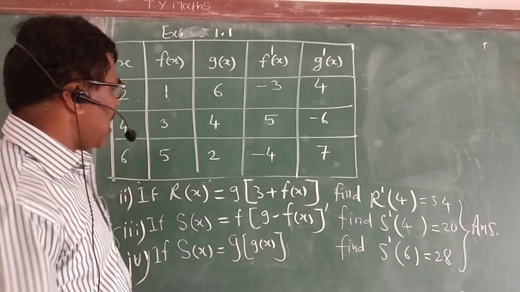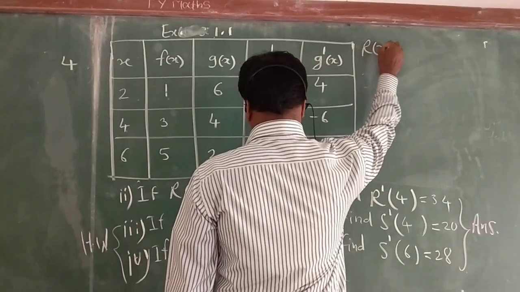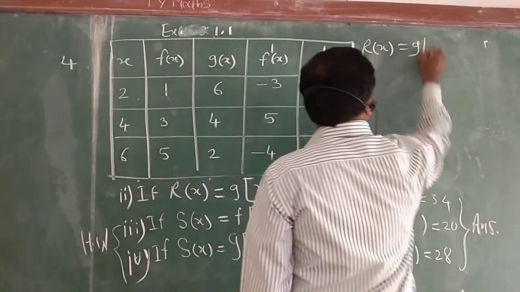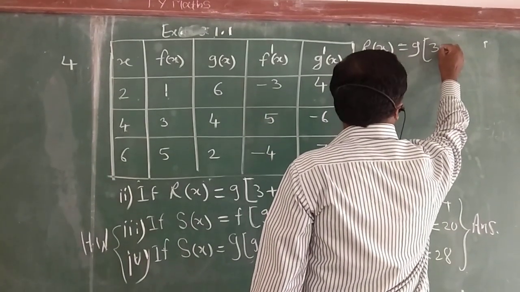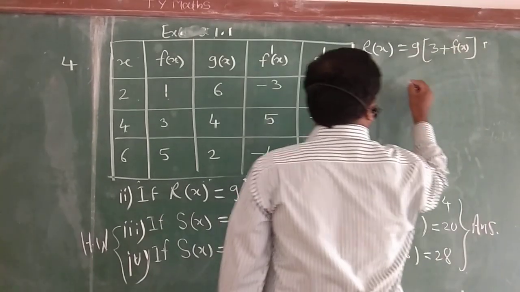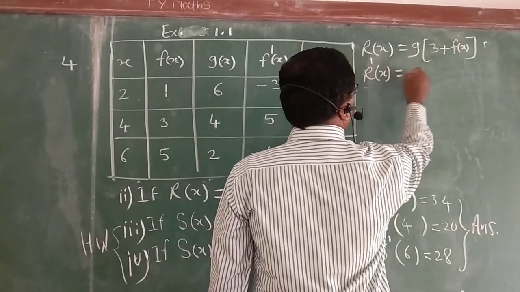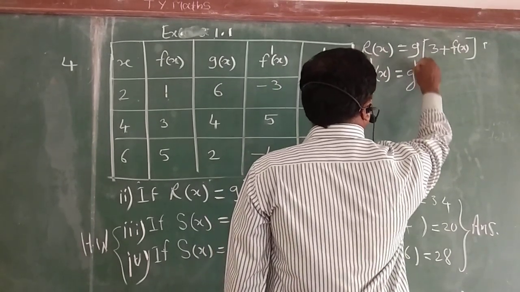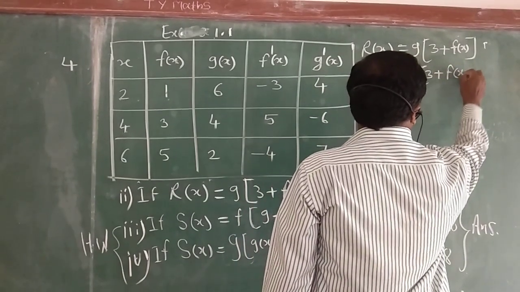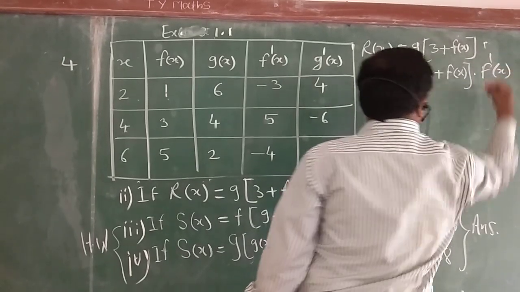Example number 2, r of x equal to g bracket 3 plus f of x, r dash x equal to g dash 3 plus f of x into f dash x.